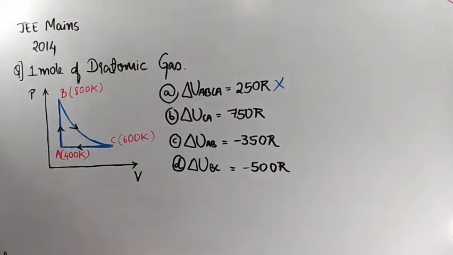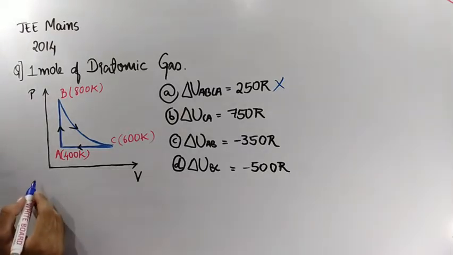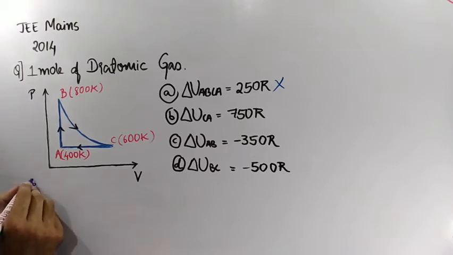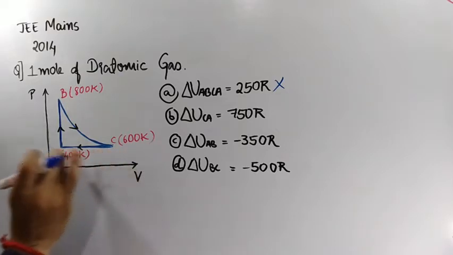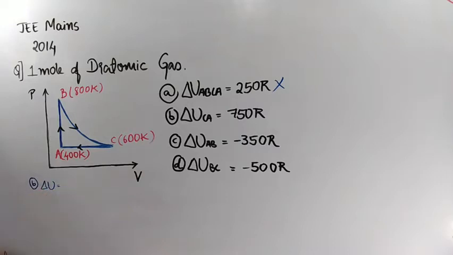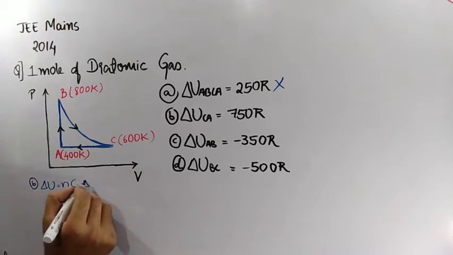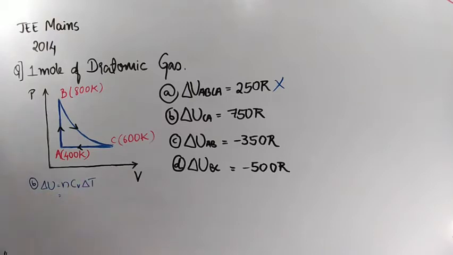Now, delta U in the process CA. How to calculate it? For option B, we have to calculate delta U for C to A. The value of delta U is nCV delta T. Substitute the values.